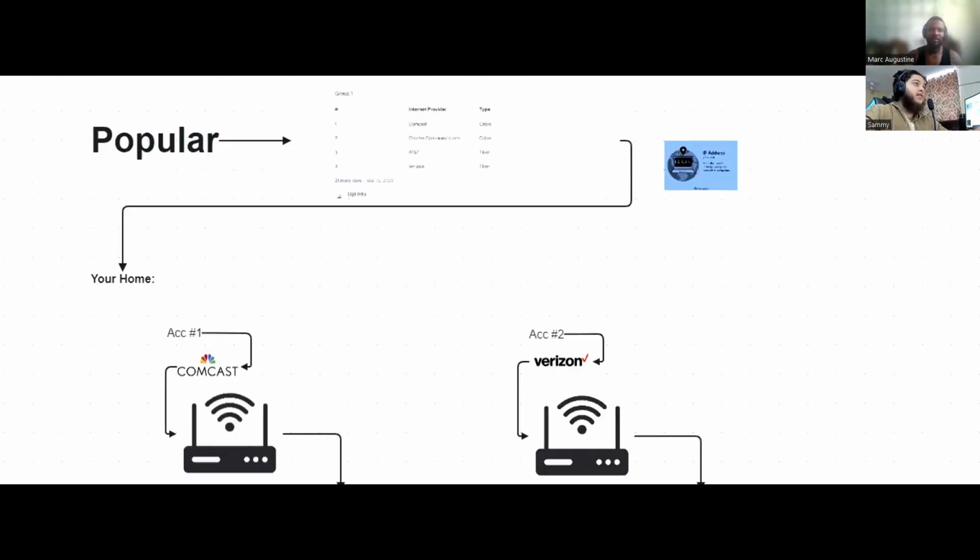Let's say you have a friend's house, a friend's mother's or family's house, etc. You know what I mean? You can have your account number 2 at a friend's family house and the first account at your house. You're not really limited in any sense of the word.